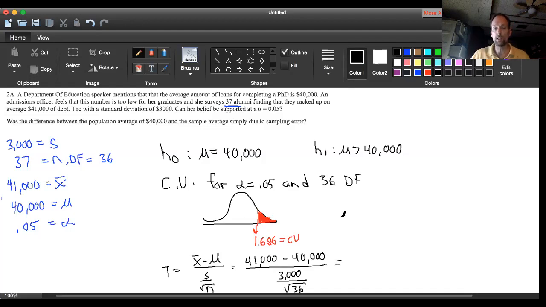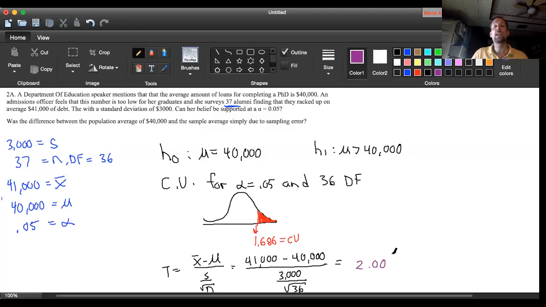I'm getting exactly 2. I'm going to redo the calculation, make sure it's correct. Okay, getting the same thing.